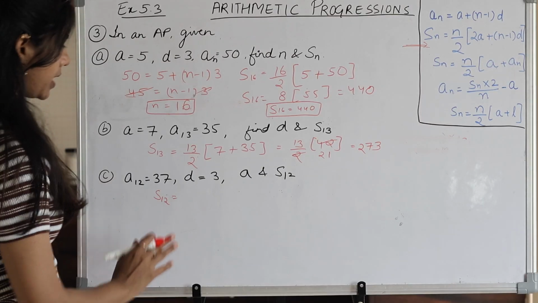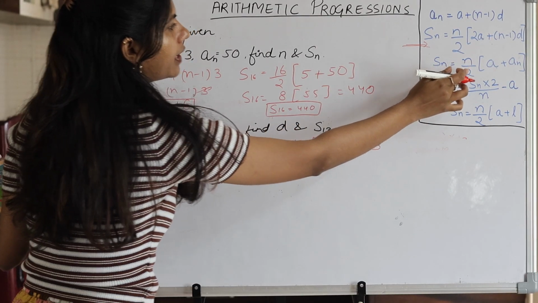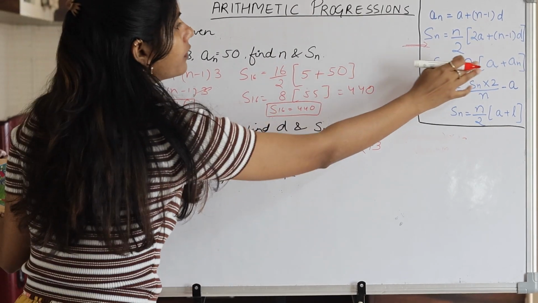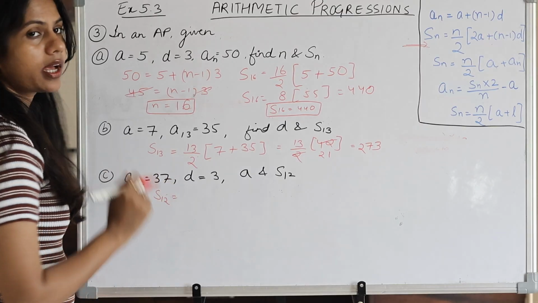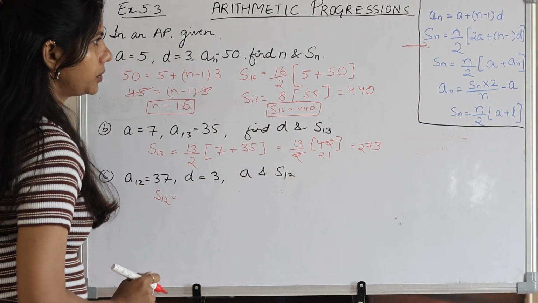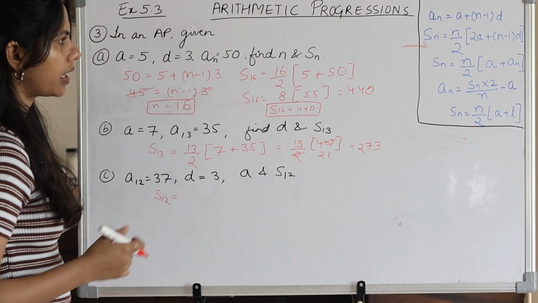But there is one more catch. In this formula, do we have the value of n? Yes, we have 12. Do we have a? We don't have a here. Do we have an? We have an, but we don't have a.